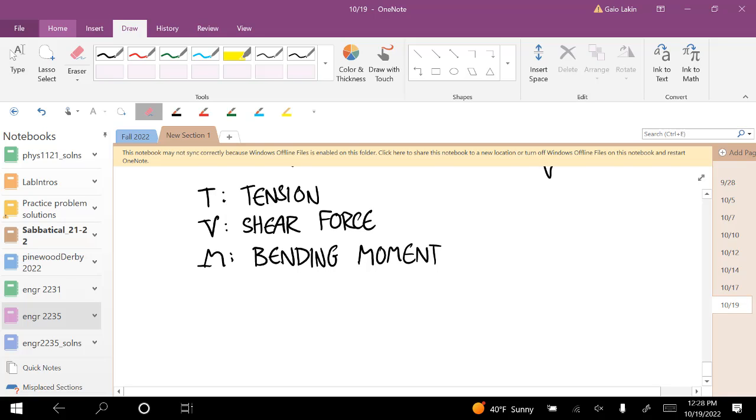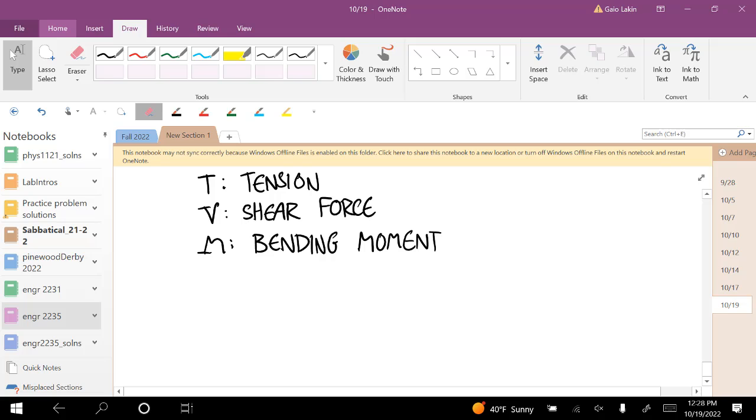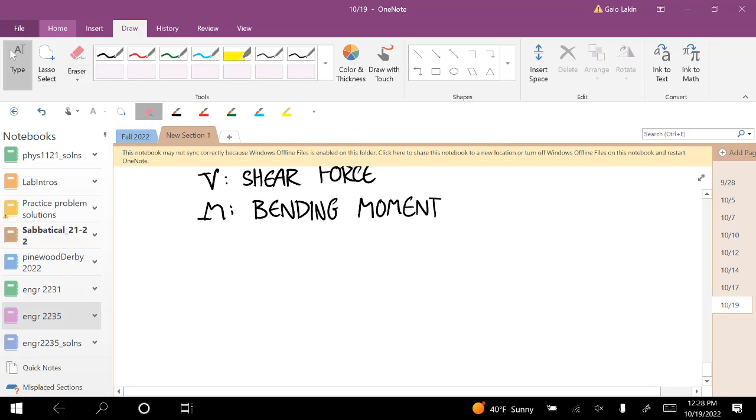Okay, so let me do that same calculation again, but this time I'm just going to use the internal load sign convention.